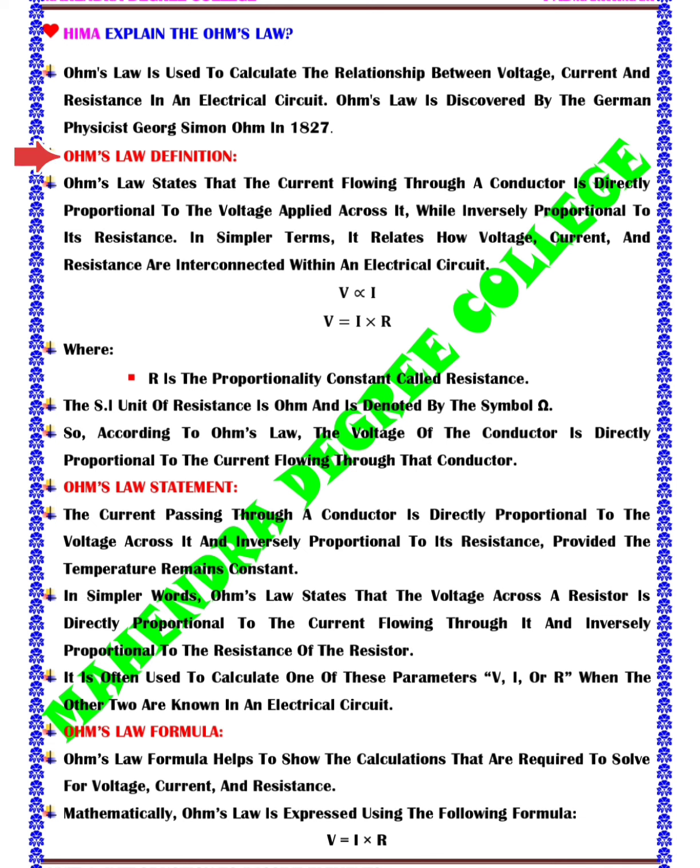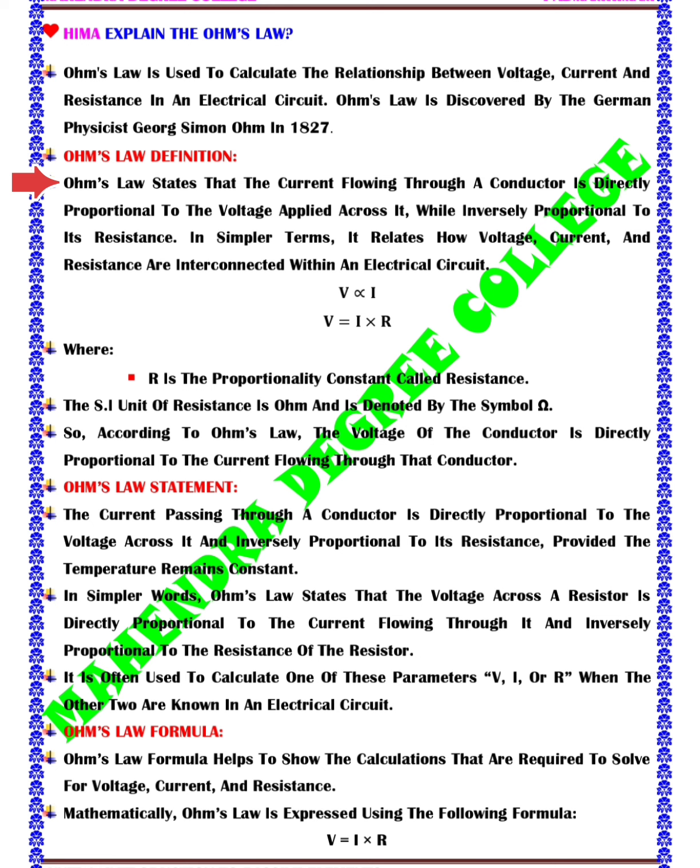Next, we discuss the definition of Ohm's law. Ohm's law states that the voltage across a conductor is directly proportional to the current flowing through it, provided all physical conditions and temperatures remain constant.